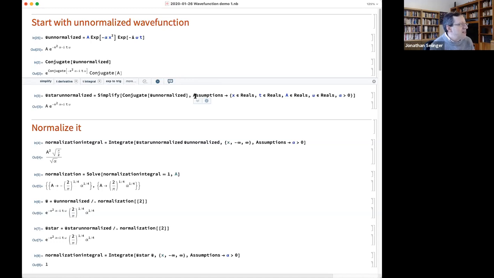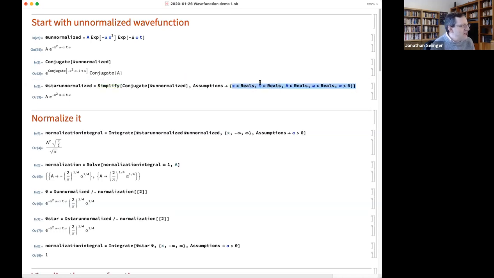So I say, let's assume that x is real, and t is real, and A is real, and omega is real. And alpha is not only real, it also has to be positive. Positive is a subset of real.